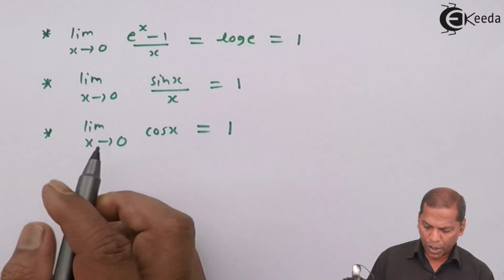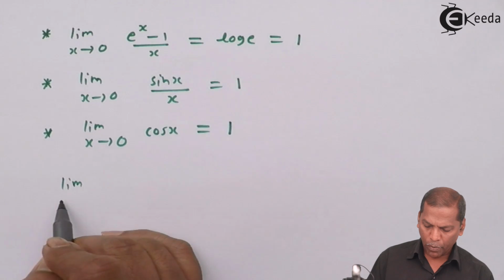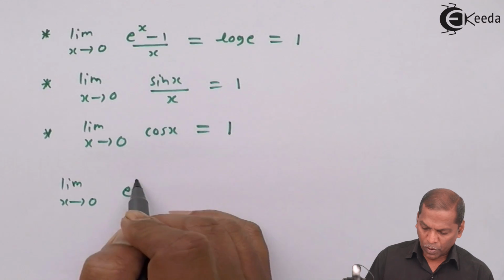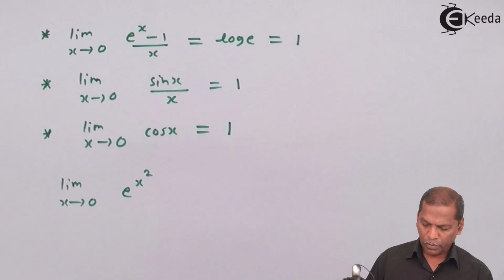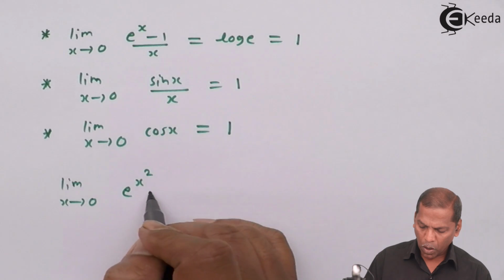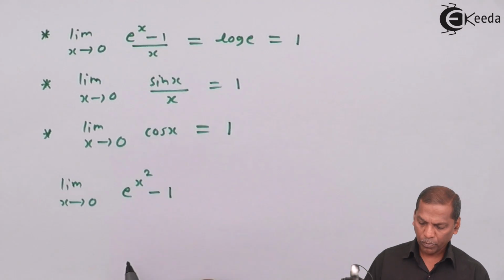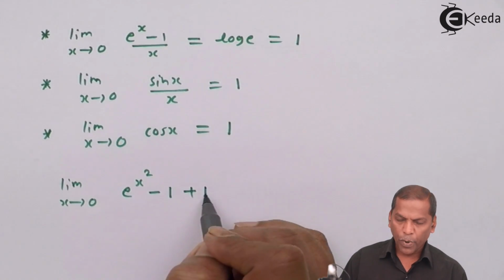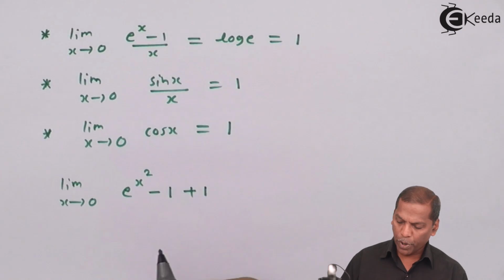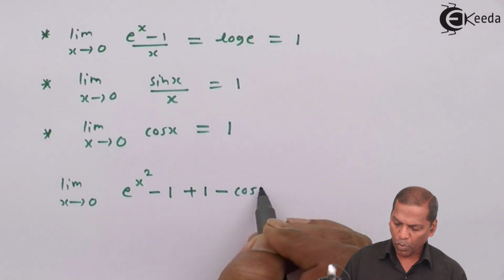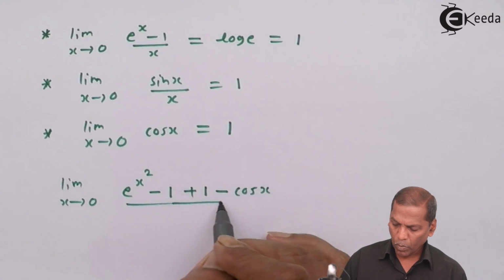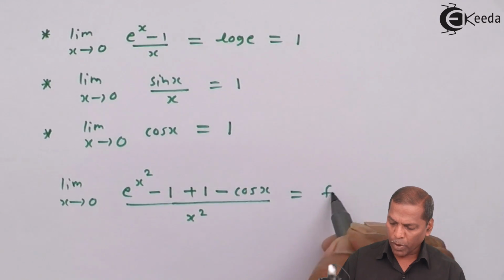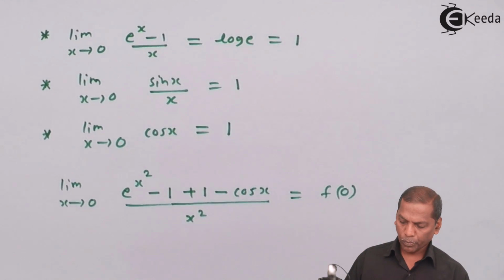So now in present case, we have limit x tends to 0, then e raised x square minus 1, then plus 1, and the second term is minus cos x, whole thing divided by x square is equal to f of 0.